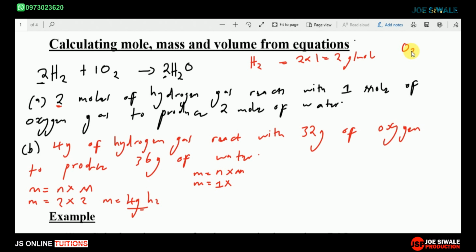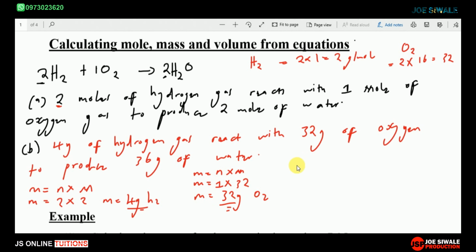There we know that we have 2 multiplied by 16, and that's 32. So mass is 1 multiplied by 32, which is 32 grams of oxygen gas. So that's where the 32 is coming from.